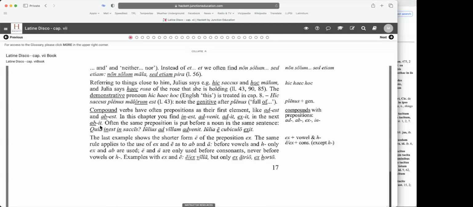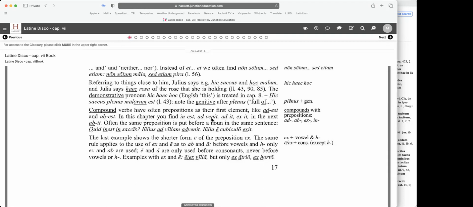We'll see more of these later. I didn't put together charts, but basically you take those prepositions that we've had before and stick them onto the verb. So inest, which we've had, meaning in. Venit, short e, is he comes, but advenit, for which we have advent, comes to; exit goes out of; abit goes away from.